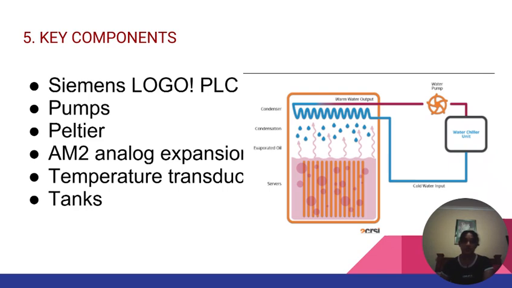The reason why there is a name AM2 is you'll see later that it will be shown in my diagram and in my demonstration. I used two temperature transistors, and I used three tanks.